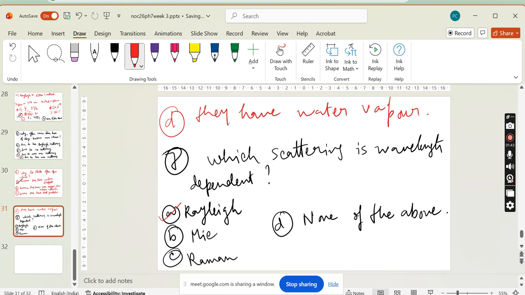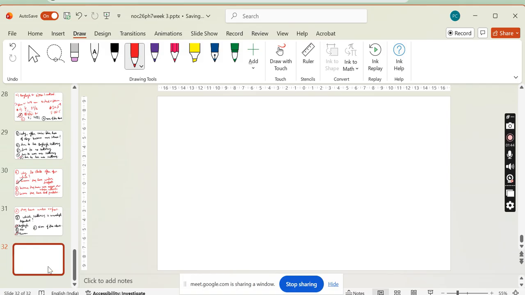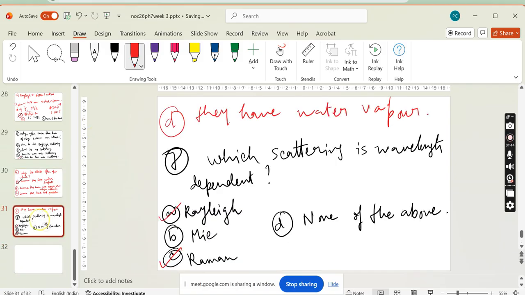So we know Rayleigh scattering is wavelength dependent, but Raman scattering is also wavelength dependent, and also particle dependent. If you have studied Raman, you can say that with lasers of different wavelengths, we can see different Raman peaks.